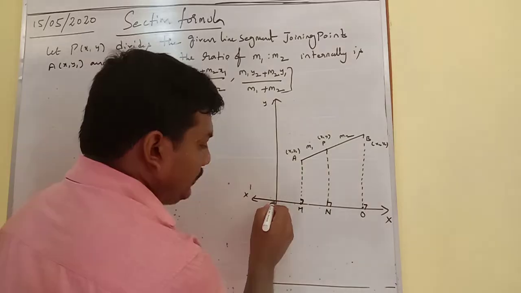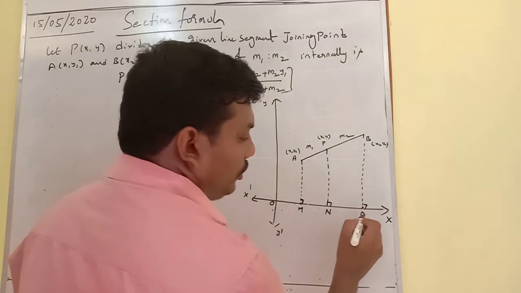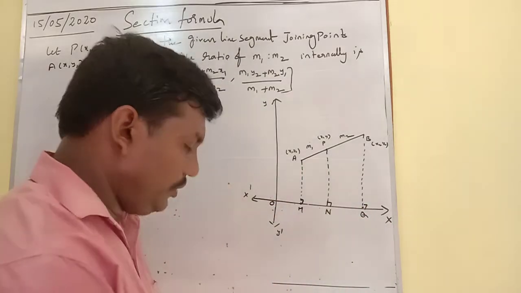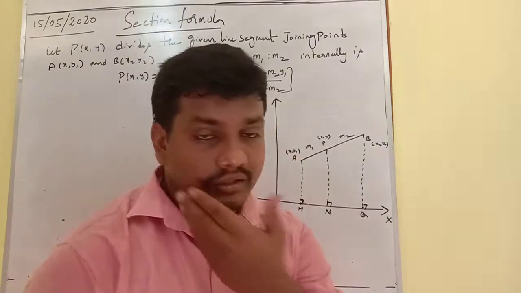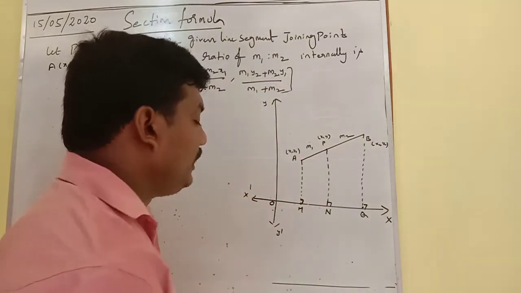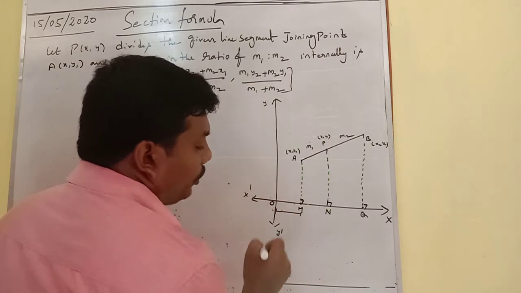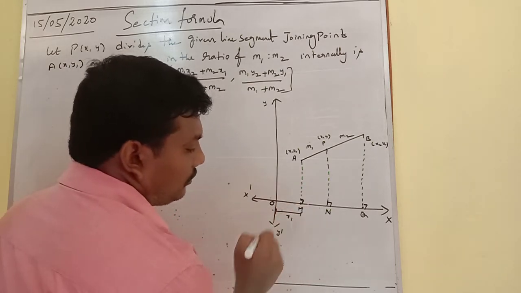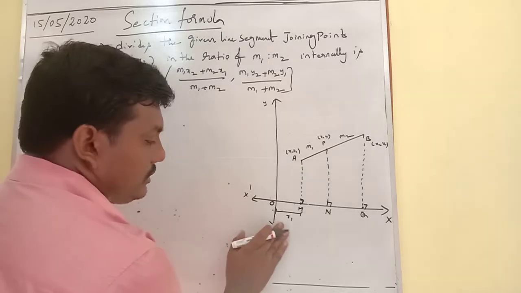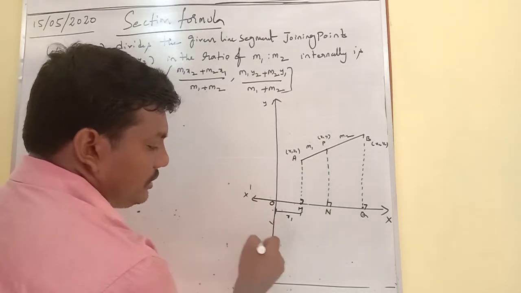Now let me take this as Q. O is the origin, that's the reason we have taken O. So now what is the distance OM? OM distance is x1.